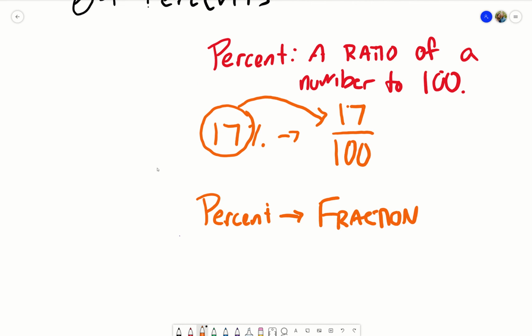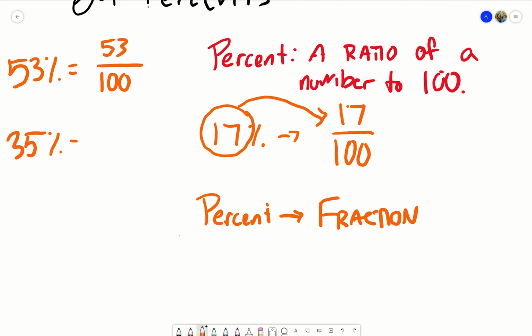If I had 53%, that would be out of 100, 53 on top. If I had 35%, that would be out of 100, 35 on top. But this one we can simplify. What does 35 100ths simplify to?